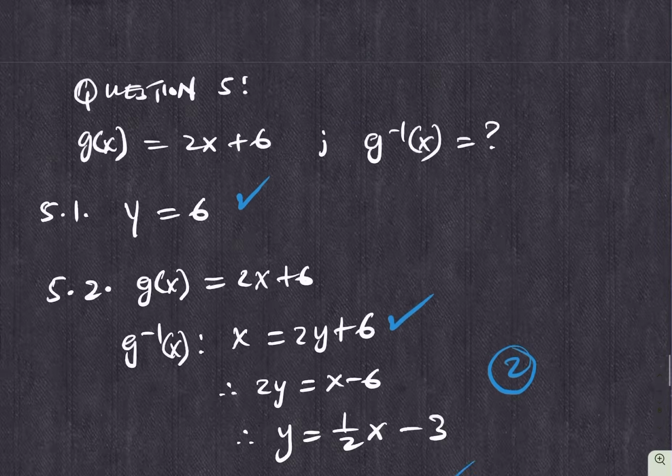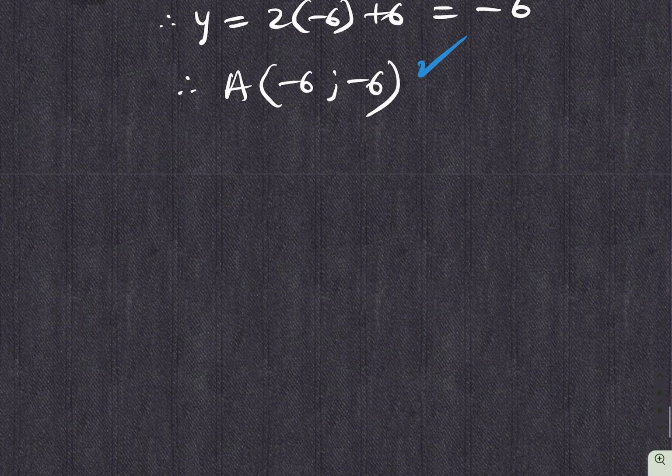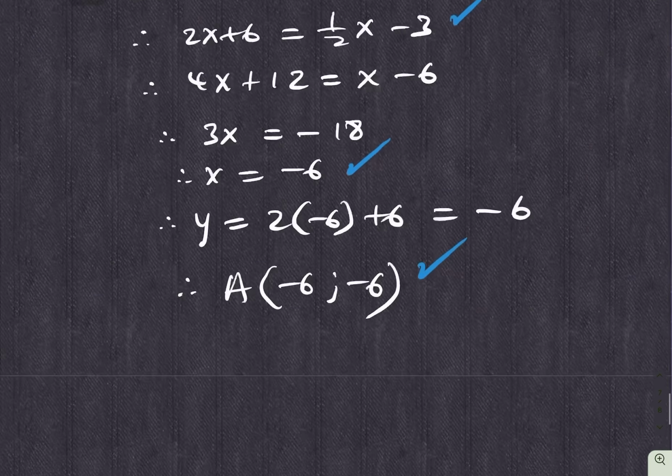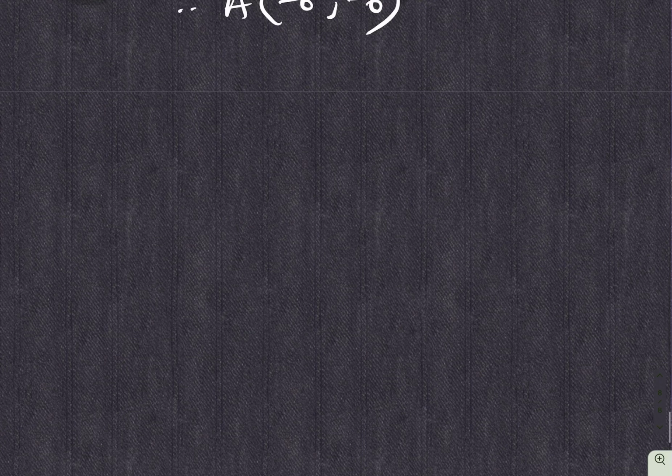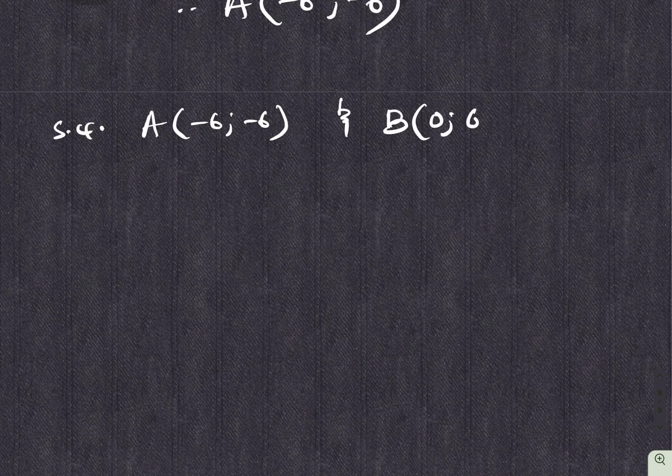Hey guys, this is 2 marks. So I'll say that this is 5.4 primarily. You want to find the length of this one. And the B now is 0 and 6. You are going to use a distance formula.